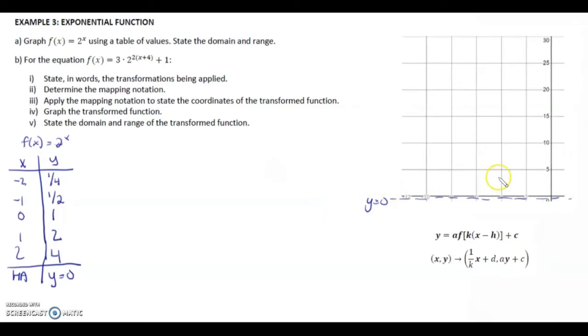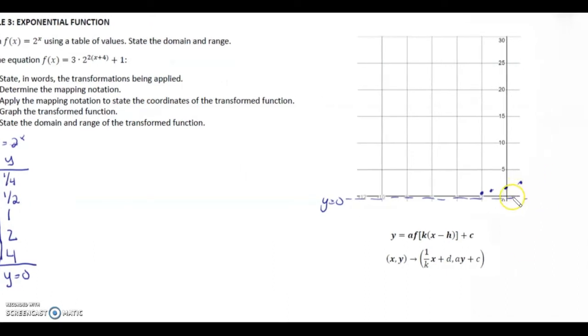So we have (-2, 1/4), (-1, 1/2), (0, 1), (1, 2), and (2, 4).